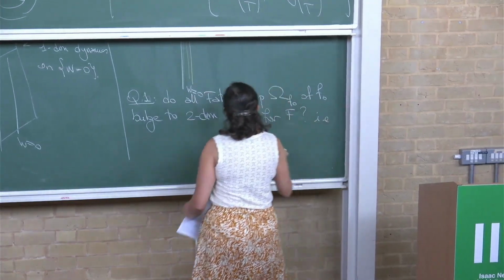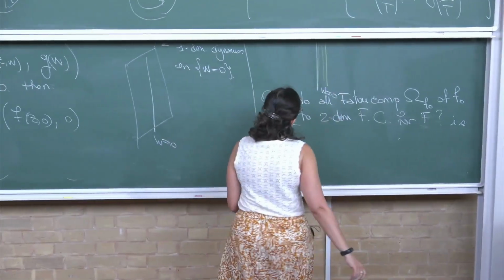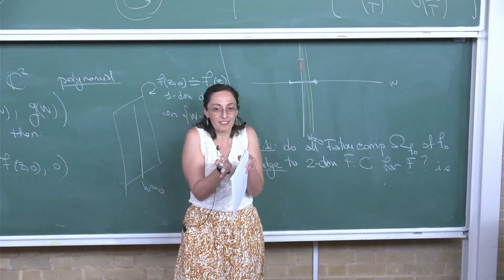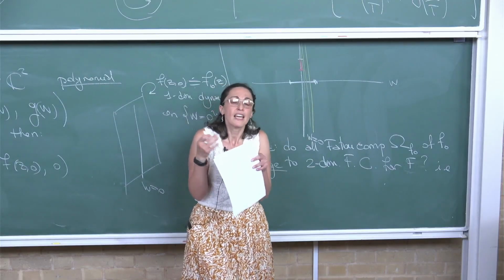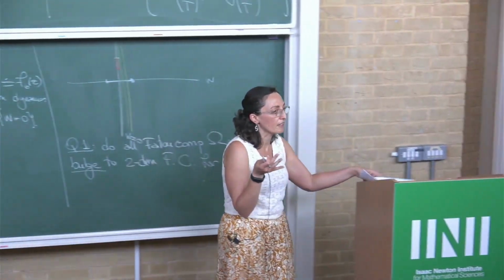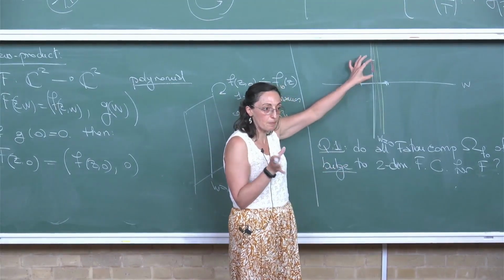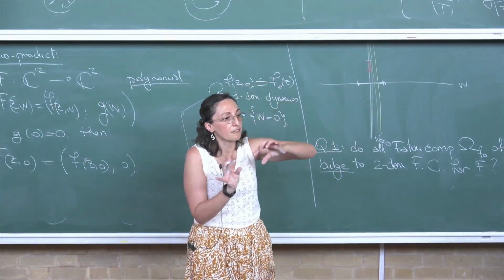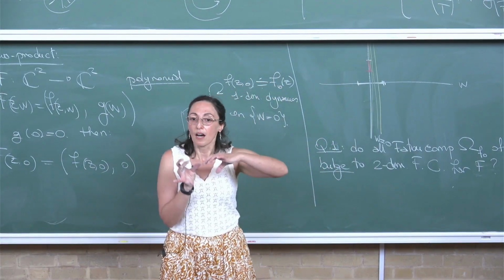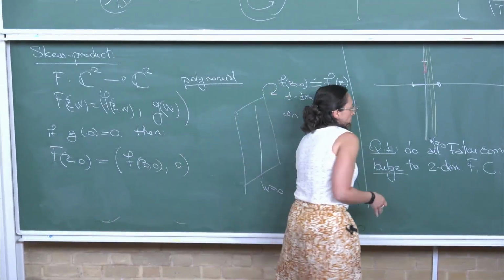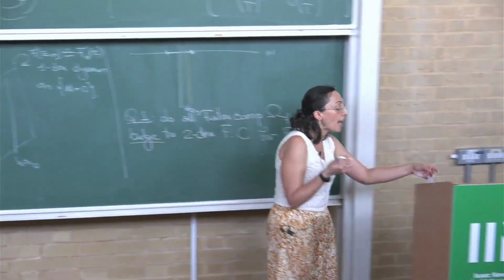So what do we mean by bulging? Bulging is really, does it get a little inflated? It's kind of a semi-local thing. I'm not asking something about the whole Fatou component on the fiber, but I just want to know if in a tiny neighborhood of the invariant fiber, it's going to be two-dimensional. Do I have normality?